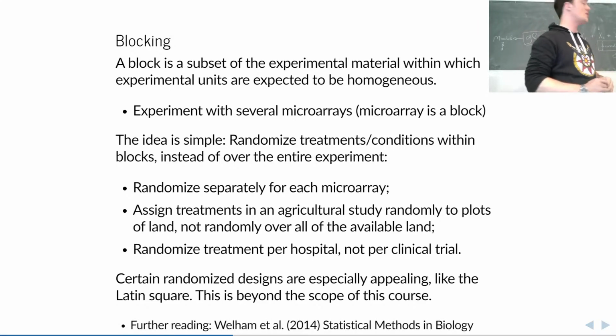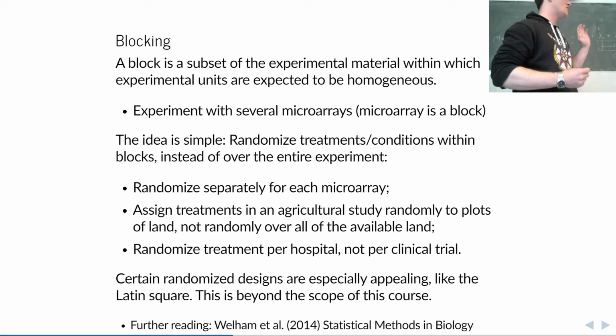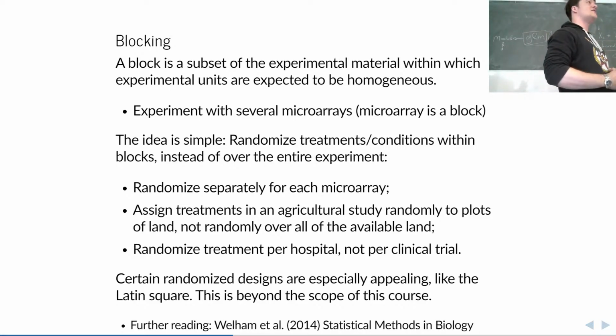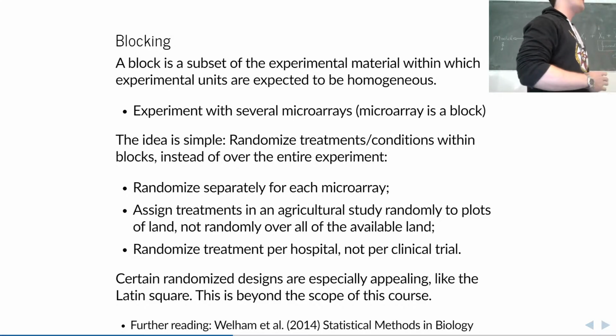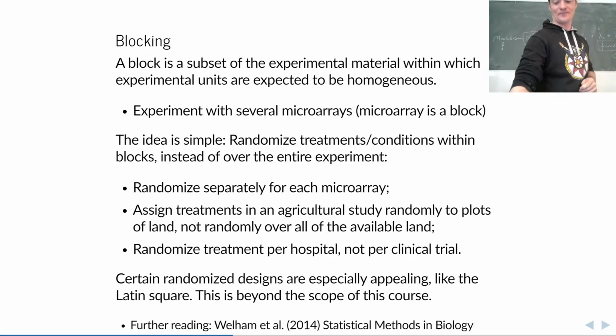But there is a nice book by Welham et al. called Statistical Methods in Biology that goes a lot more in depth on these kinds of designs, which are quite common in biological research, including clinical science, agricultural science and ecological research. If this interests you, I definitely recommend having a look at the book. I can bring it sometime next week if someone wants to have a look at it.